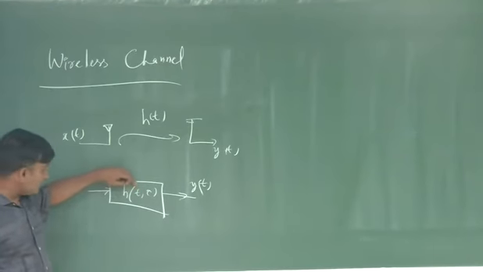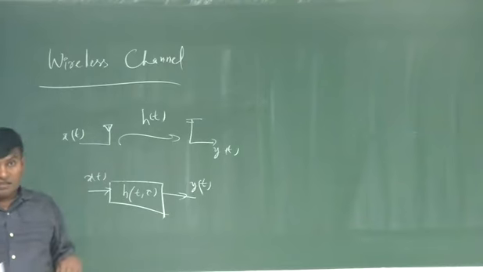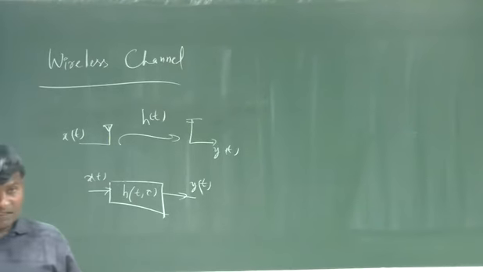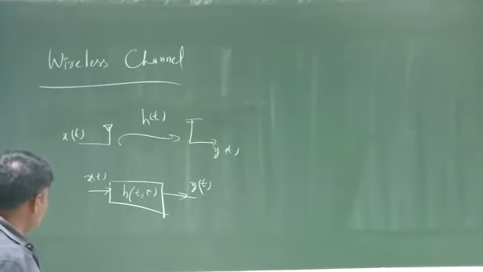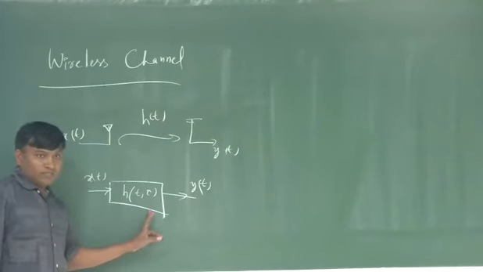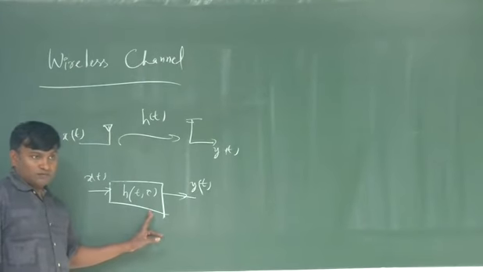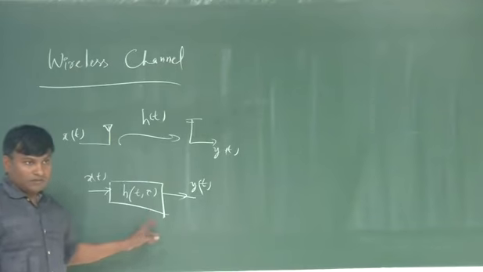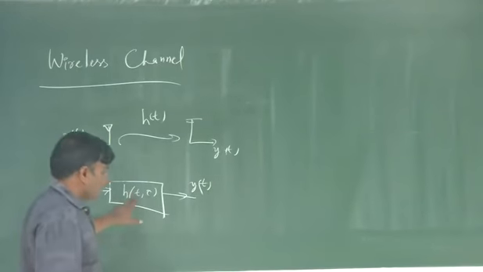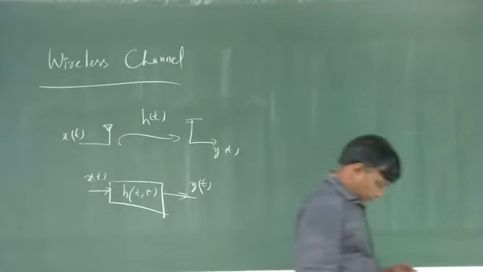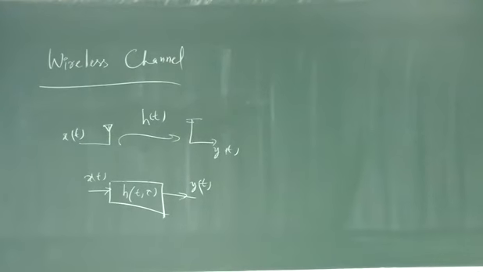Therefore, we denote it as h of t comma tau. But if the impulse response is non-time varying, then we would simply represent it as h of tau. t denotes the time variation.